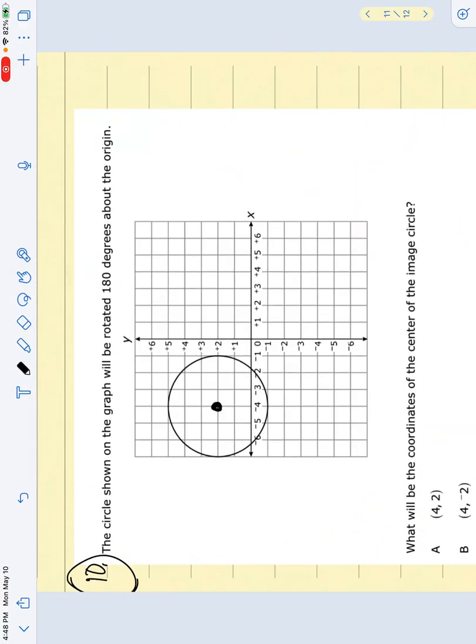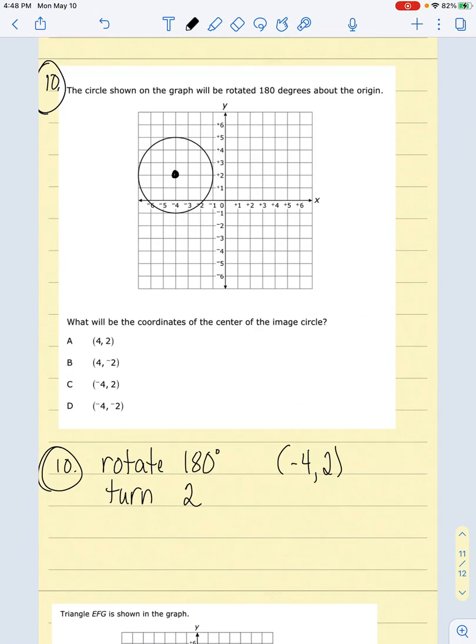When I do that and I graph -4, 2, I notice that my point, when I turn it back the normal size, actually ends up at +4, -2. And that makes sense because both of the signs change. And so my answer is B.